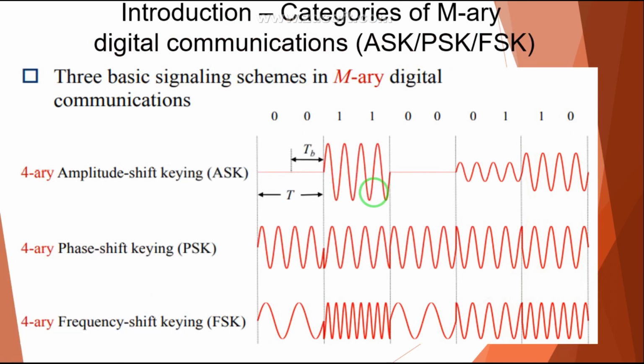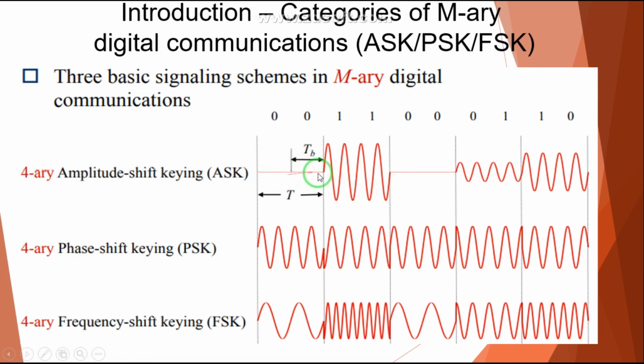Now, this is the category of M-ary digital communication. You can see over here, there are 4 symbols: the first is 0 0, then 0 1, the third is 1 0, and the fourth is 1 1. So in 4-ary amplitude shift keying, we have selected 4 amplitudes.